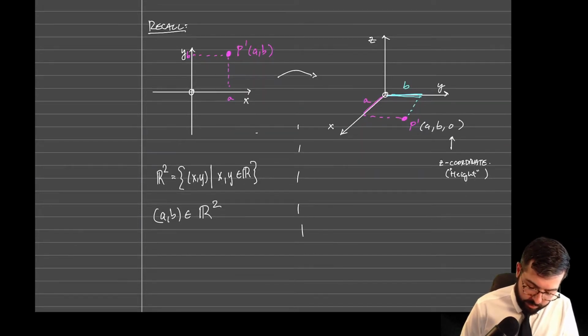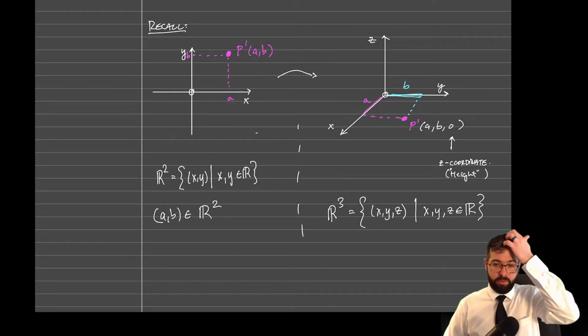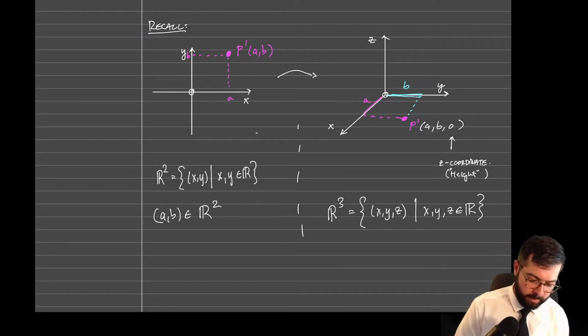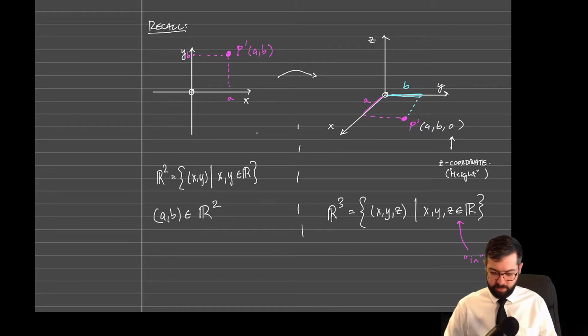And then over here, we call this R3. And what this is, it's the set of triplets, x, y, z, where x, y, and z are all in the real numbers. This symbol here means in or is a member of.